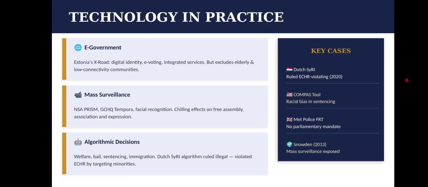Third, algorithmic decision making, where AI systems are used in areas like welfare distribution, policing, and administrative decisions. These technologies aim to create governance that is fast and efficient, but at the same time, they increase the power of the state and reduce direct human involvement.